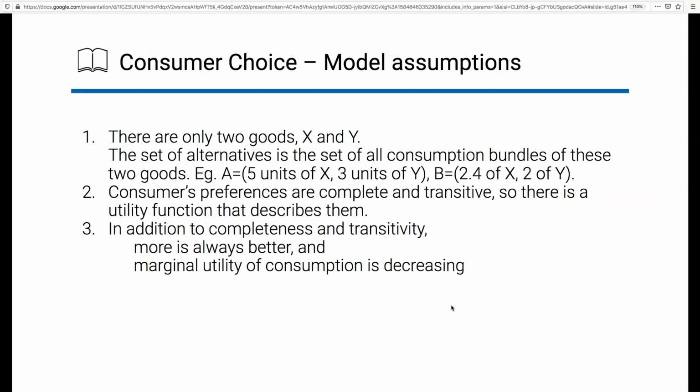The first unit of X will be more valuable to the consumer than the second unit of X will be more valuable to the consumer than the third, and so on, and same for Y. So these are two additional assumptions. More is always better, and marginal utility is decreasing. That will shape the way the utilities look in this world.